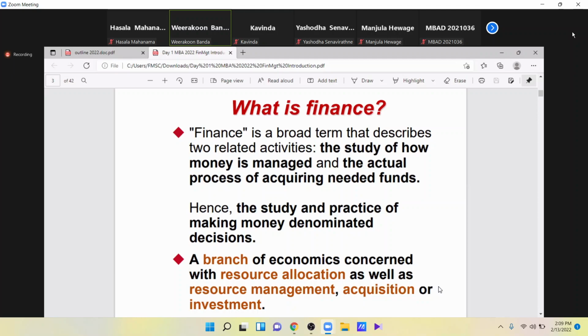If you decide to allocate 20% for your consumption and 20% for future investment and so on, then you can decide what the actual process is. If you don't have any regular monthly income, then you can decide how you are going to raise your fund requirements.